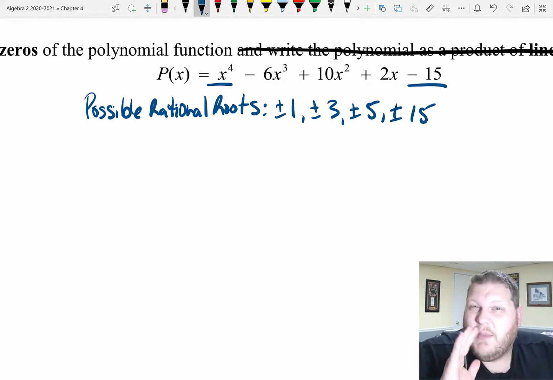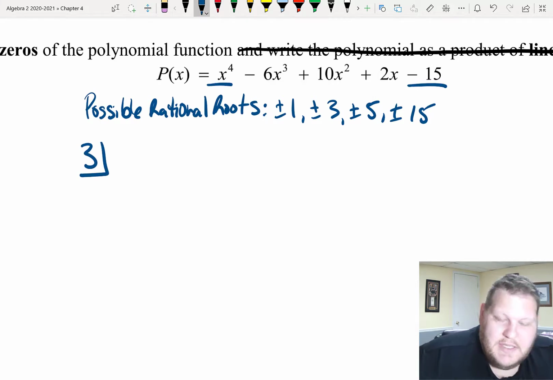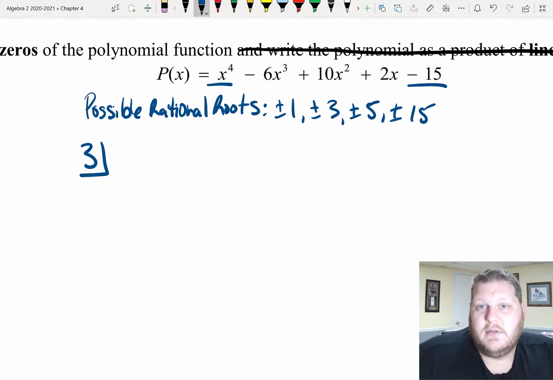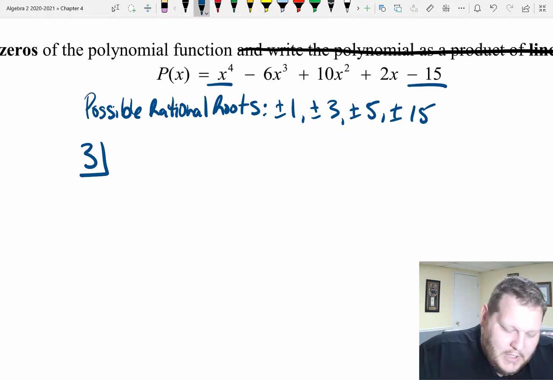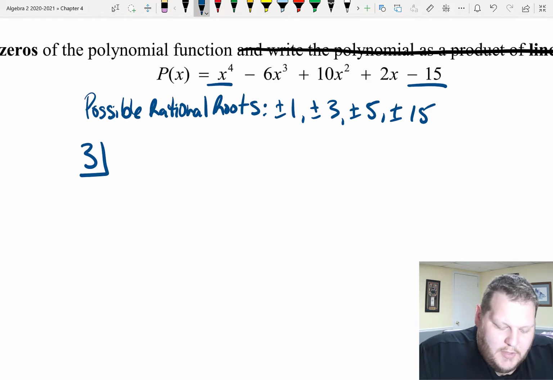Now I'm going to save us some time and cheat a little bit, so we don't have to keep guessing and checking. Let's pretend we just guessed positive 3 first. I'm using synthetic division to check if something is a solution, checking to see if it has a remainder of 0.